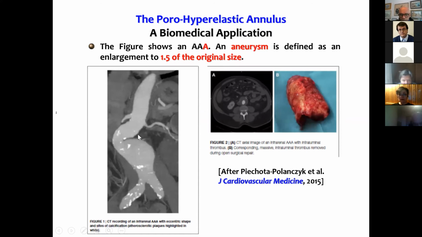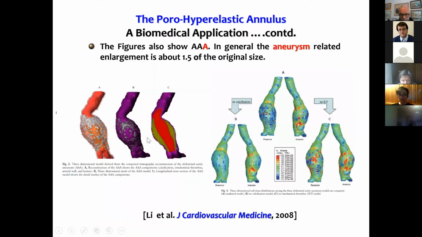The aneurysm develops there, and that's something people are concerned about. Aneurysms can be fatal, in the sense that if you don't catch it correctly, it can result in bursting of the vessels, and that is definitely something you have to be concerned about.